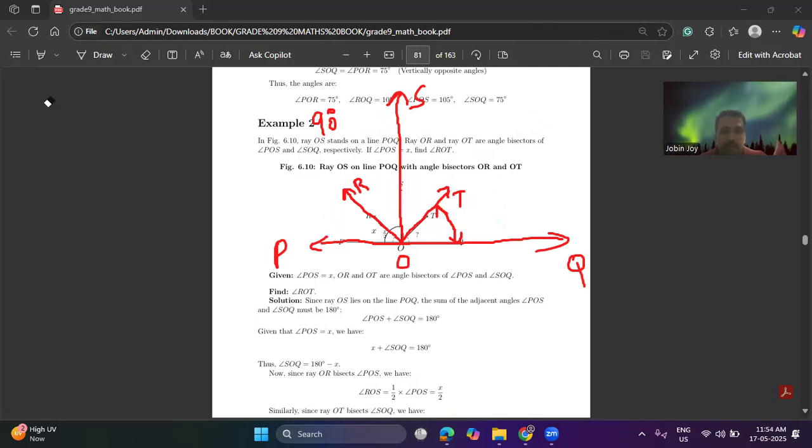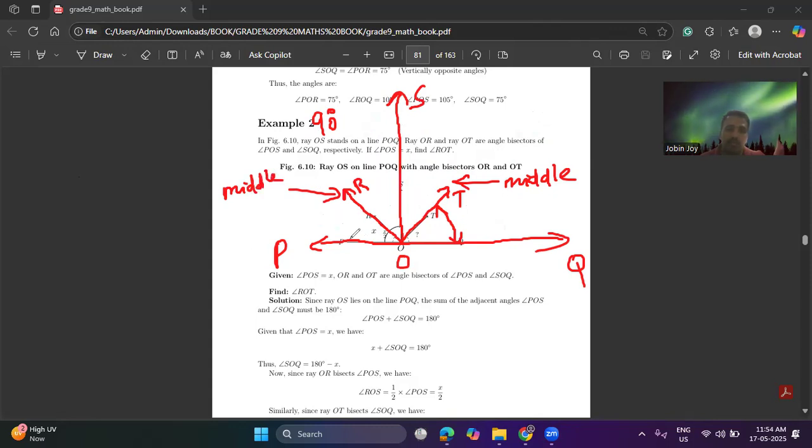We don't know whether this OS is perpendicular or not. But it is given that OR and OT are the angular bisectors. Angular bisector means this is the middle. This OR is the middle of this SOP, and this OT is the middle of this SOQ.